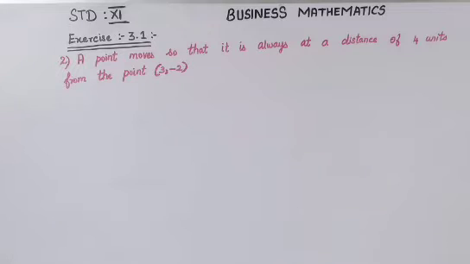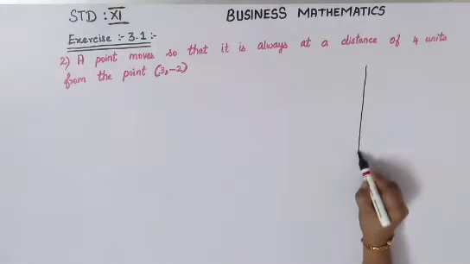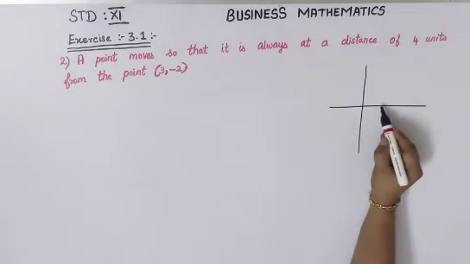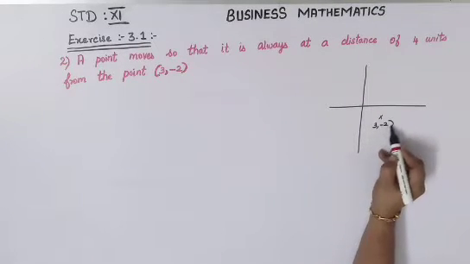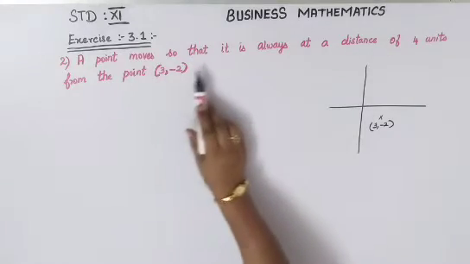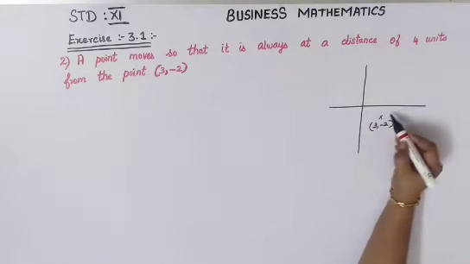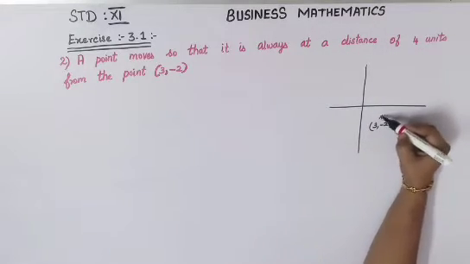Second question: a point moves so that it is always at a distance of 4 units from the point (3, -2). So we just plot it in a graph. (3, -2) is given, so 3 will be on the x-axis and -2 on the y-axis. Somewhere here you will have your (3, -2).